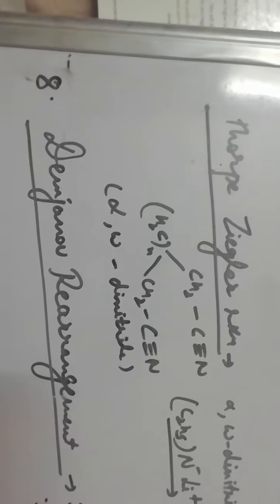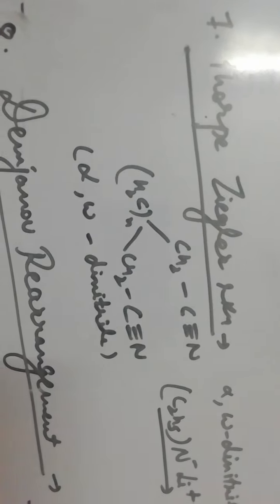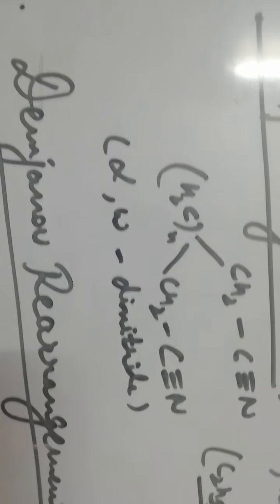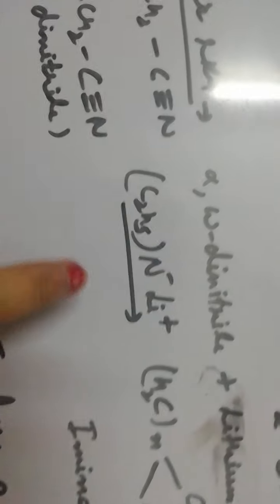Next method of formation is Thorpe-Ziegler reaction. In this, alpha gamma dinitrile reacts with lithium diethyl amide. So this is our dinitrile. It reacts with lithium diethyl amide, and we will get this iminonitrile.